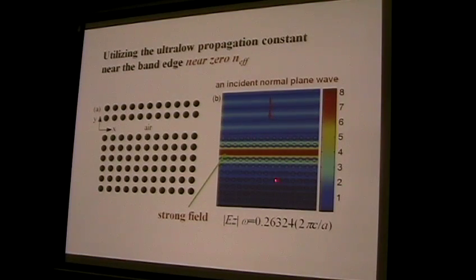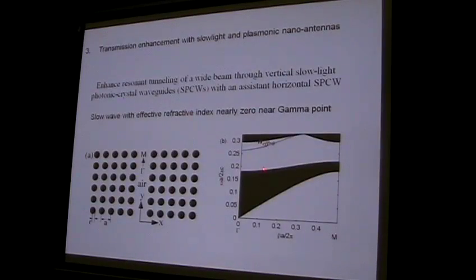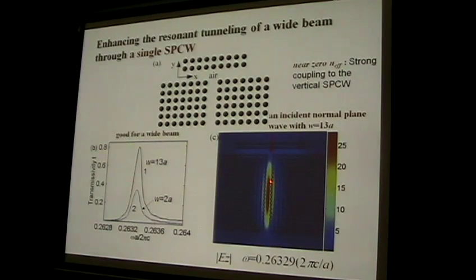So we can enhance the transmission coefficient at least 4 times. And here the field intensity is very high. You can put some nonlinear material there to study nonlinear effects such as second harmonic generation or four-wave mixing, or up conversion.